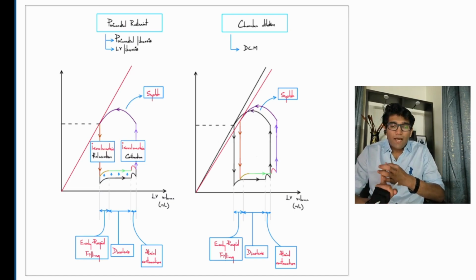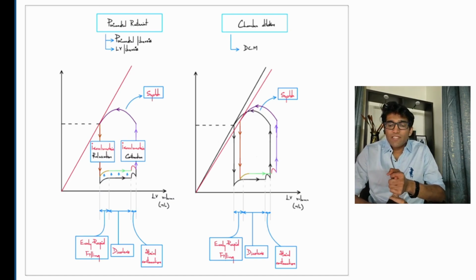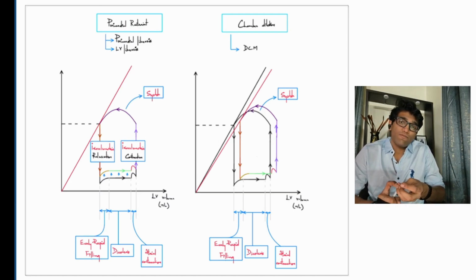Now another situation in which this can happen is when you have a very advanced systolic dysfunction of the ventricle. In that situation, the ventricle starts to dilate.